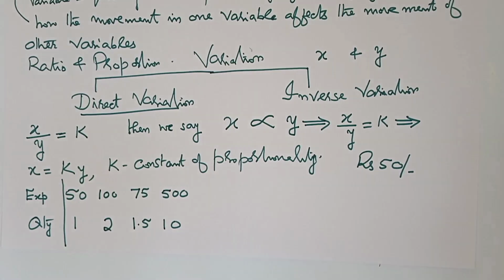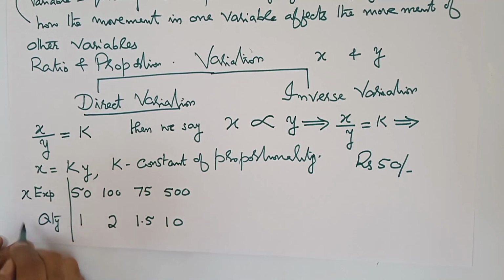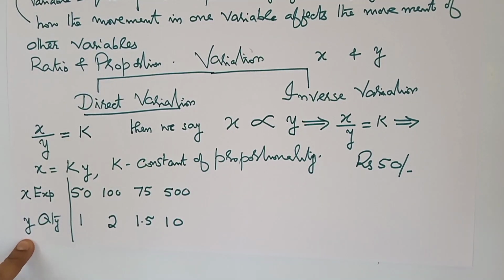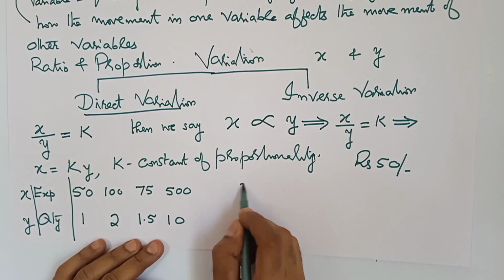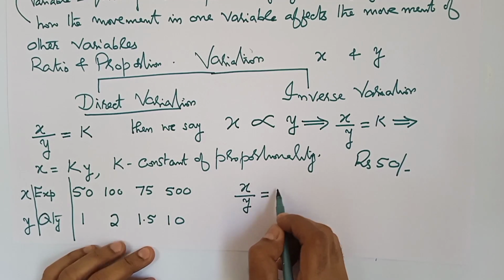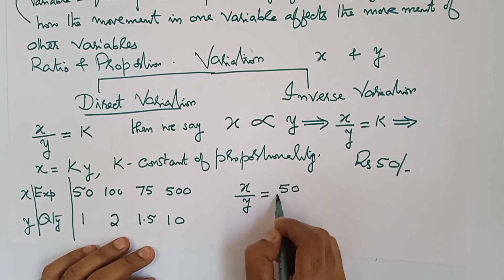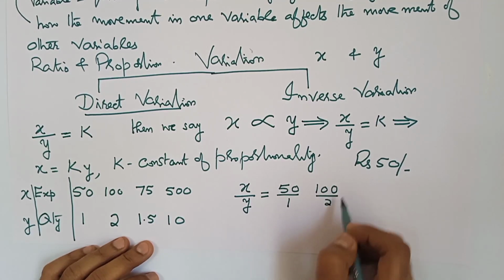So what do you observe here? The more quantity you are buying, the more money, or rather the expenditure, you are incurring. So these are two variables. You can call this x and this y. If you take x by y, this ratio, in the first case you get 50 by 1, in the second case you get 100 by 2.